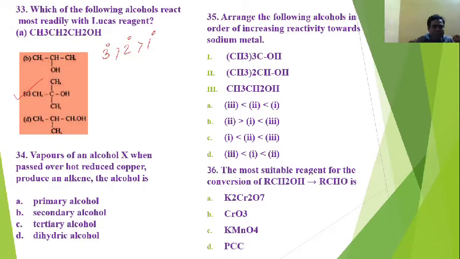Then 34. Vapors of an alcohol X, when passed over hot reduced copper, produce an alkene. The alcohol is... We know that in dehydration, primary alcohol gives aldehyde, and secondary alcohol gives ketone, and then tertiary alcohol gives alkene.